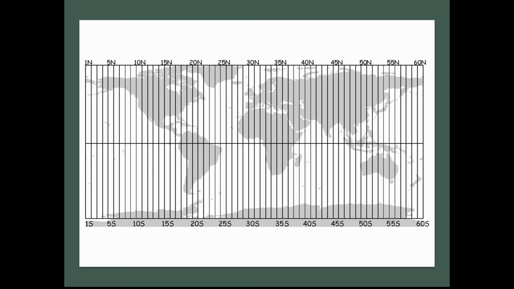Therefore, the zone containing most of England is identified as UTM Zone 30 North, while the zones containing most of New Zealand are designated as UTM Zones 59 South and 60 South. Directional designations are here abbreviated, i.e., 30 in place of 30 North.